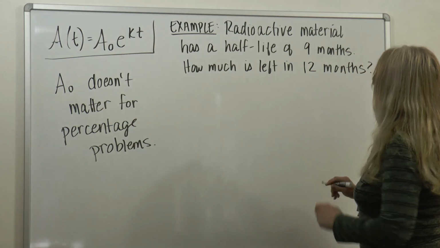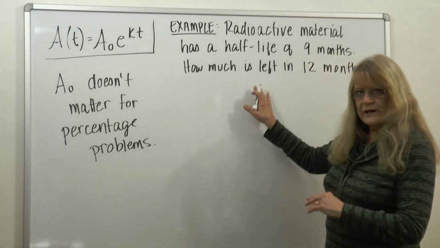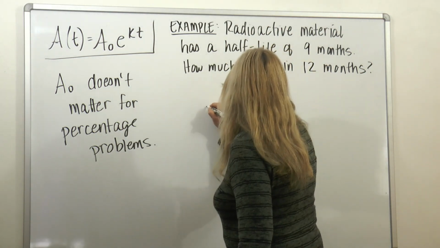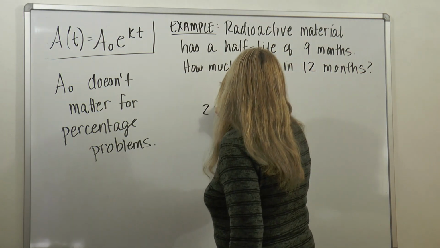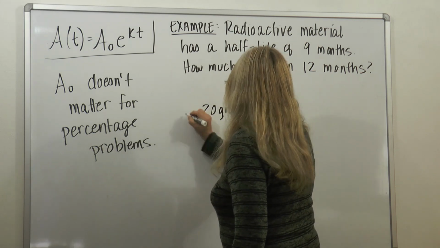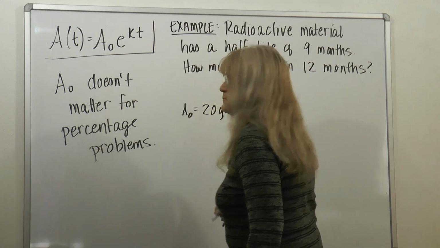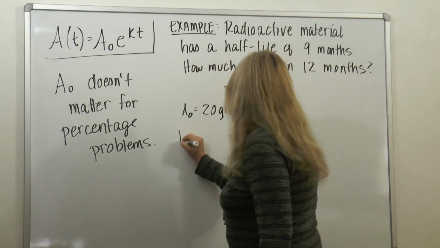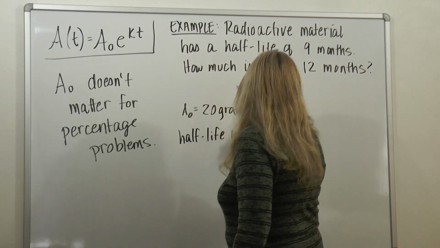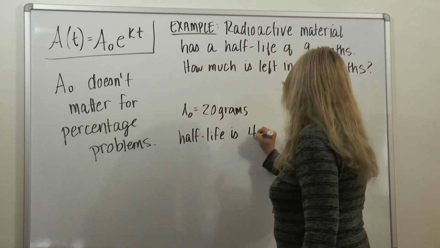If I say, just for the sake of argument, say I have 20 grams of something in the beginning, say my A sub naught is 20 grams, okay? And the half-life, we'll say, is 4 years.